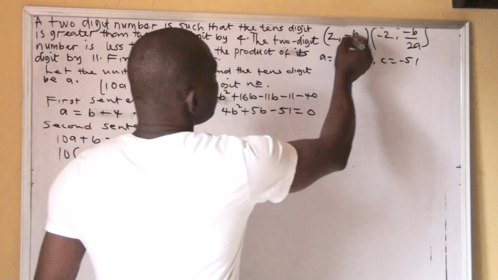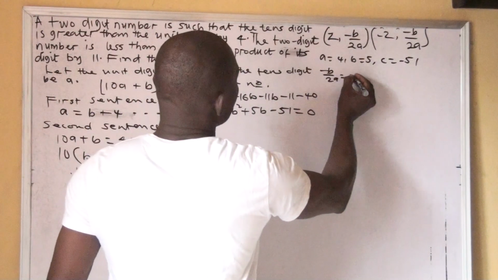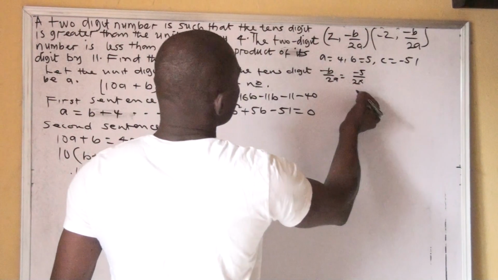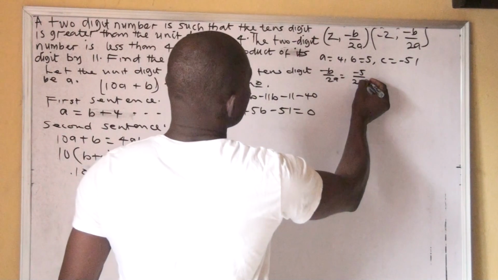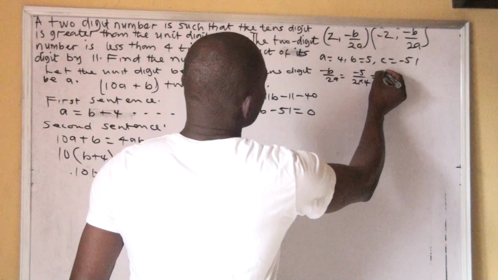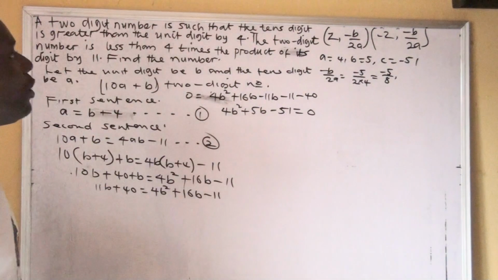So let's find this minus b over 2a. Minus b, that is minus 5, 2 times a, 2 times 4. So that will give us minus 5 over 8.